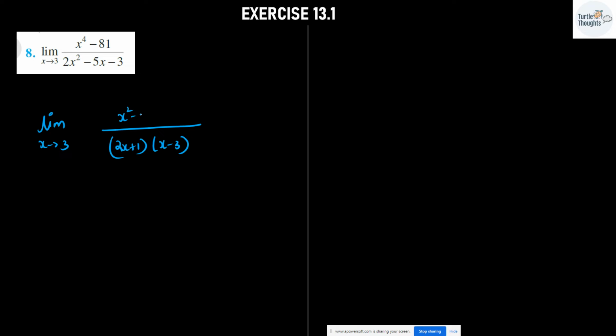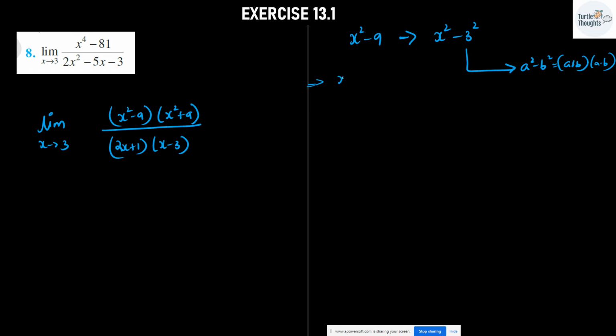Here we had x square minus 9 and x square plus 9. Let me take x square minus 9 as x square minus 3 square. Now this is of the form a square minus b square, which is a plus b into a minus b. I can write x square minus 3 square as x minus 3 multiplied by x plus 3, right?